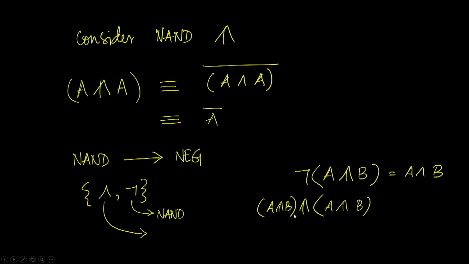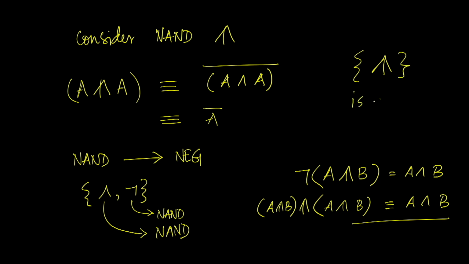So if you take the NAND of A and B with itself, what we get is A and B. So we find that both and not can be synthesized using NAND connectives. In other words, NAND alone is a complete set of connectives. Then of course you would expect NOR also to behave the same way, and it indeed does.